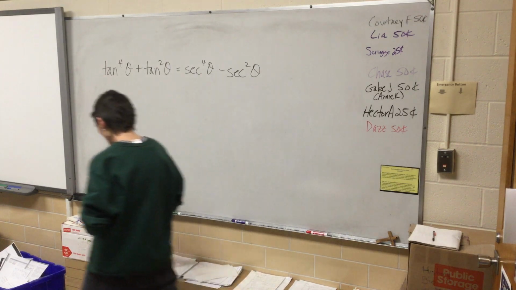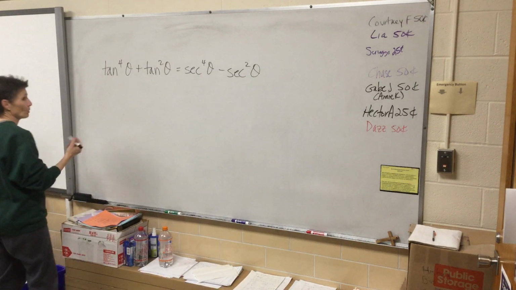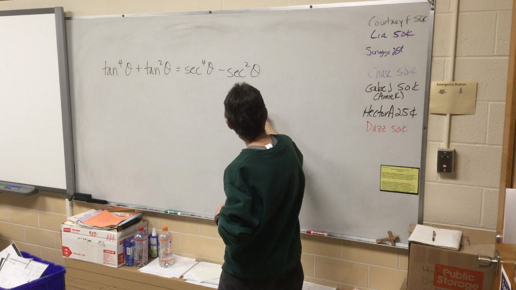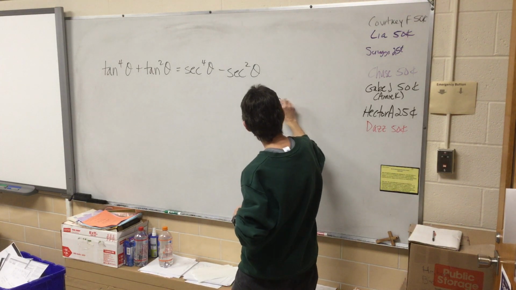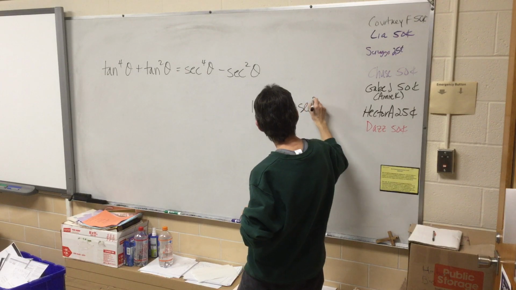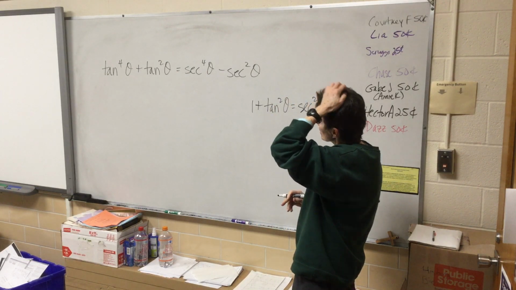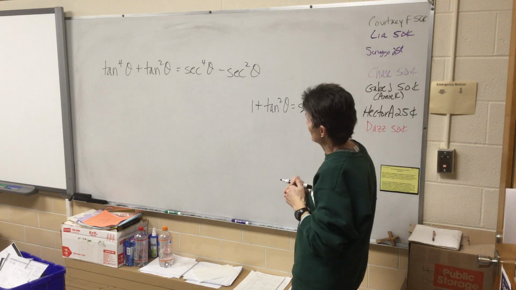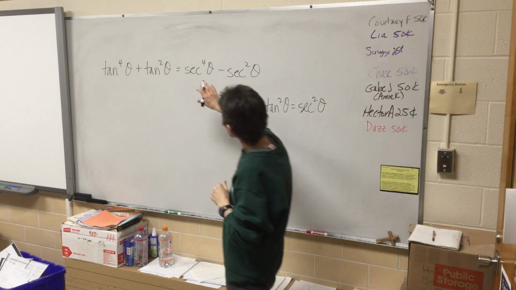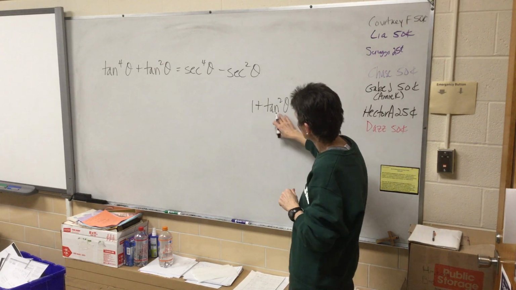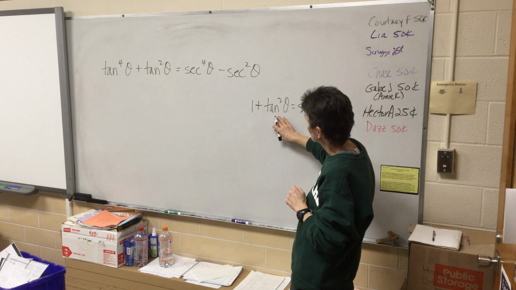One of the ones in that 8 says 1 plus tangent squared is secant squared. So I could change my secants into 1 plus tangent squareds.